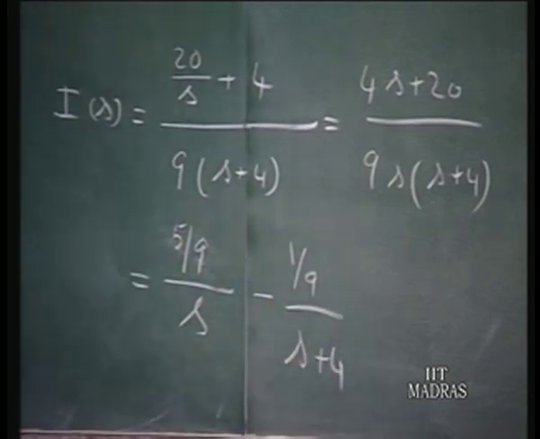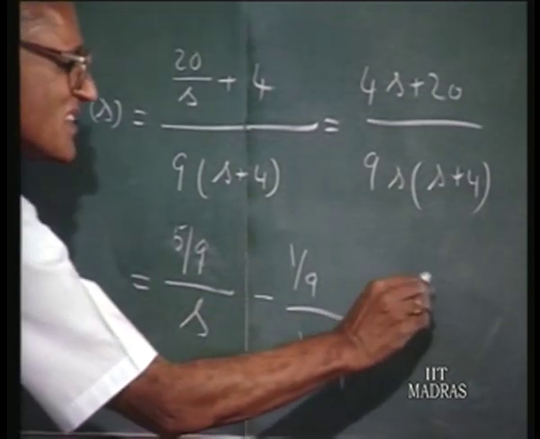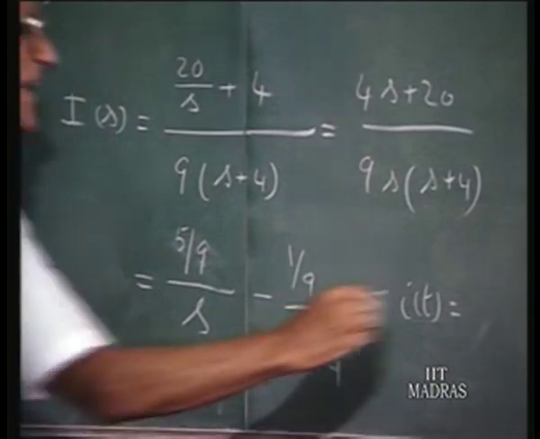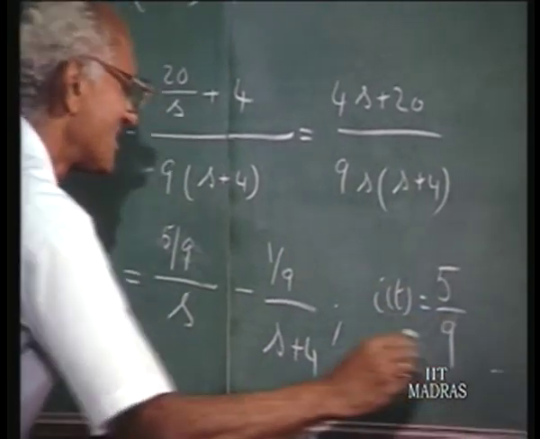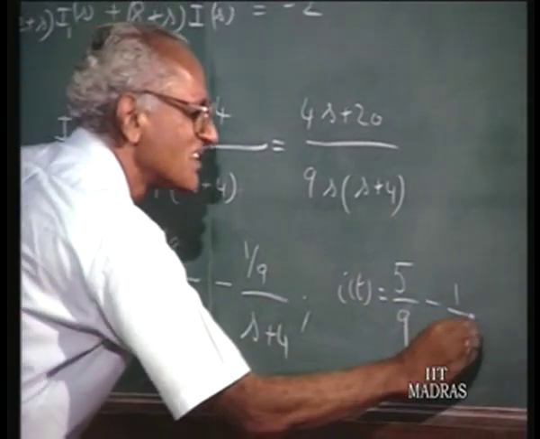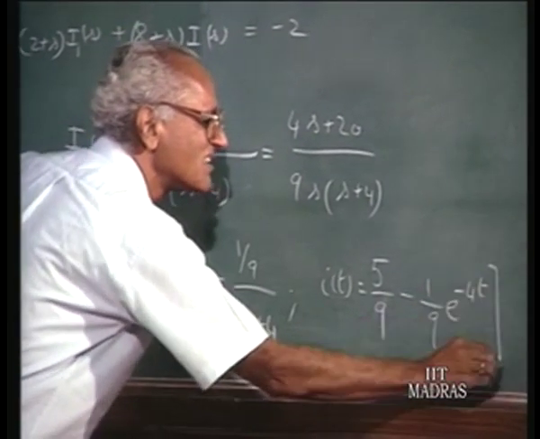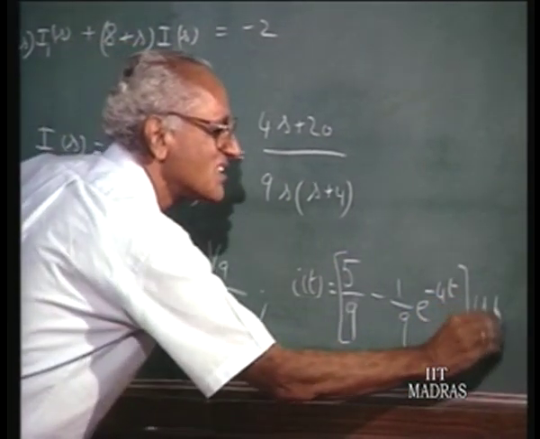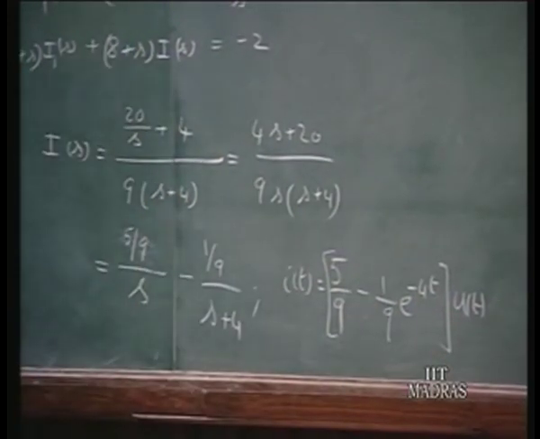So in other words, once we have I(S), I of t would be 5 by 9 minus 1 by 9 e to the power of minus 4t. That is the expression for the current I(t).